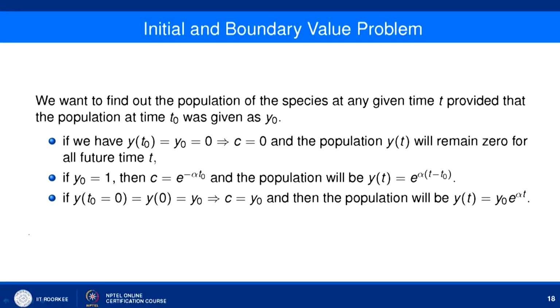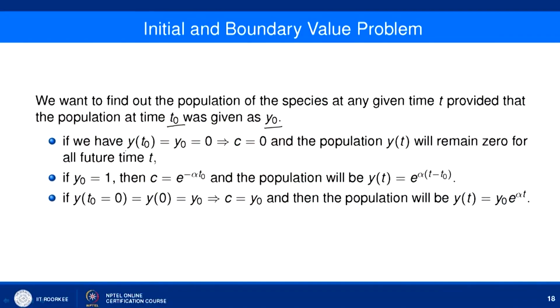We want to find out the population of the species at any given time t, provided that the population at time t naught was given as y naught. So, along with the differential equation, it is also given that at time t equal to t naught, the population is y naught. With the help of this, we want to find out the solution.